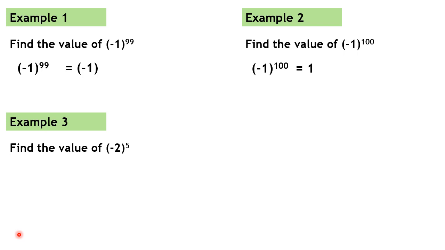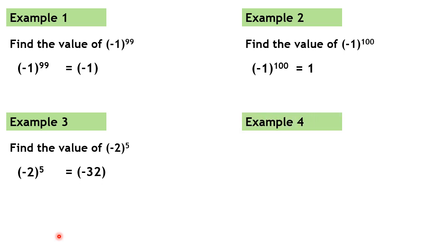Find the value of (minus 2) to the power 5. 2 to the power 5, when you write 2 five times, the value is 32. Here minus 2 is a negative integer with an odd power, and we learned the result is negative. Therefore, it is minus 32.